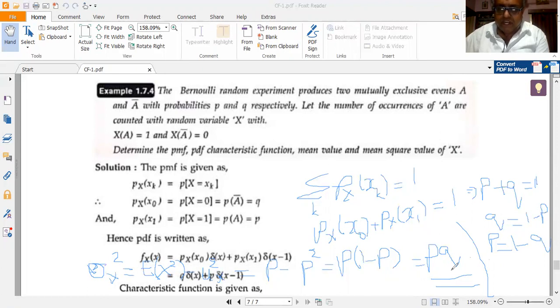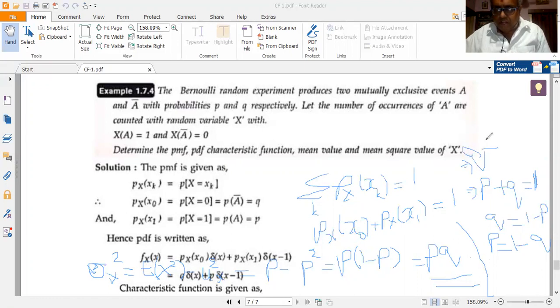So this value I have substituted here. P minus P squared I get. So P, if I take common, I get P into 1 minus P, which is equal to PQ. By rule of probability, the summation over K of Px of xk should be equal to 1. So here Px of x naught plus Px of x1 should be equal to 1, which implies P plus Q is equal to 1, because Px of x naught is equal to Q and Px of x1 is equal to P. So P plus Q or Q plus P, both are same, right?